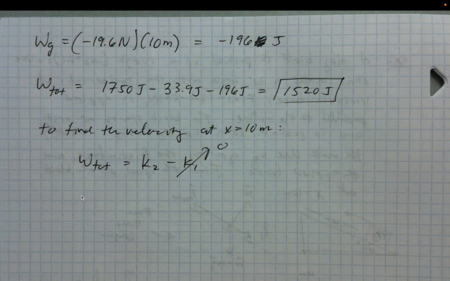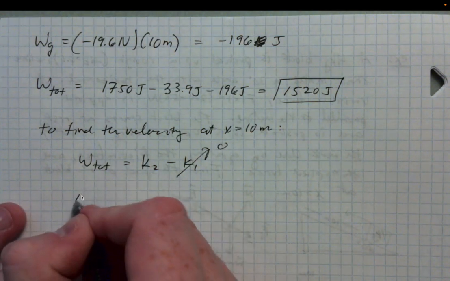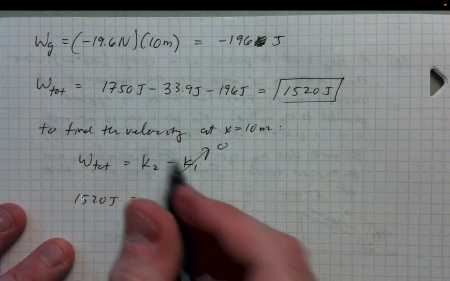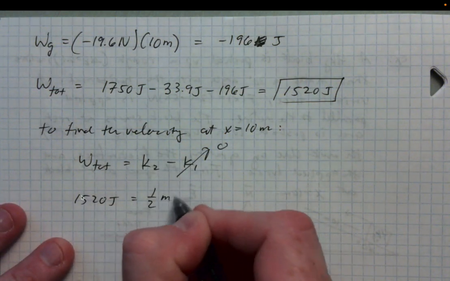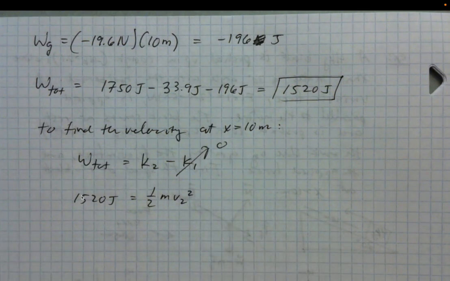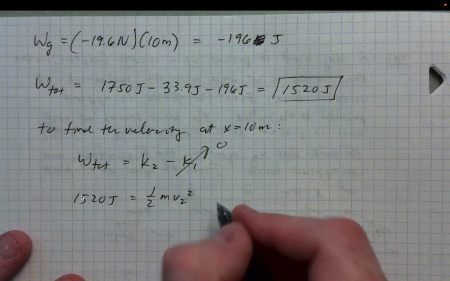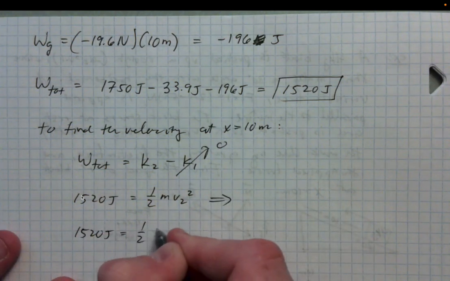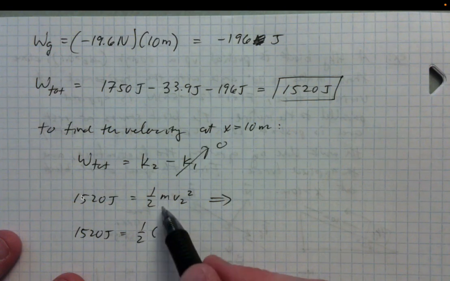And then we start pushing it up this hill, and it's going to be accelerating up this hill because there's a net force. And so we know that 1520 joules is going to be equal to this final kinetic energy, which is 1/2 mv squared. And we know m, and what we want to know is v, right? So I've got 1520 joules equals 1/2 times, what is the mass here?